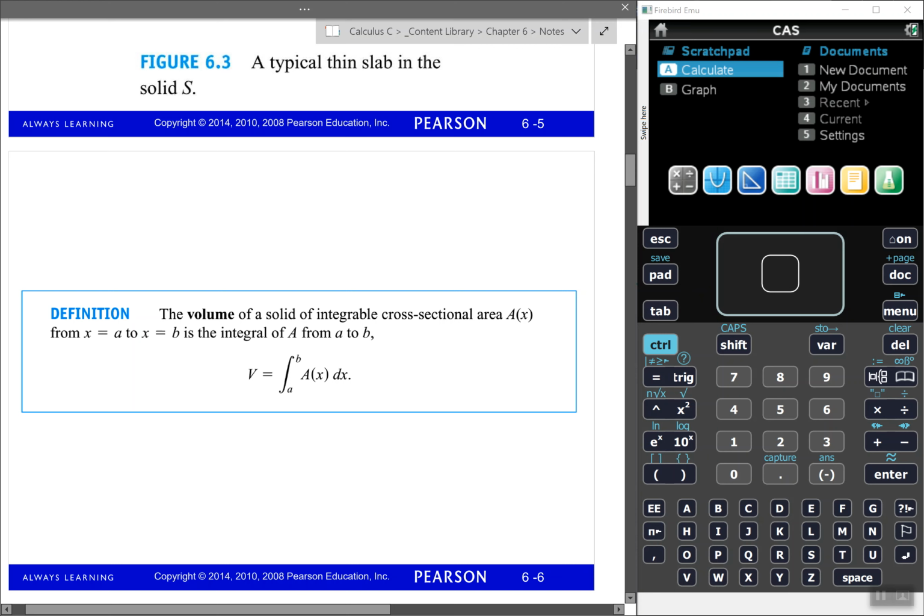That's not going to give us a solid that has different dilated portions throughout. It's going to give us like a cube or a cylinder, something that has a constant width, constant radius. And that's not necessarily what the solids they're going to give us will look like. So we have to have something that is a variable in the area so it can change throughout the solid as we move along it.